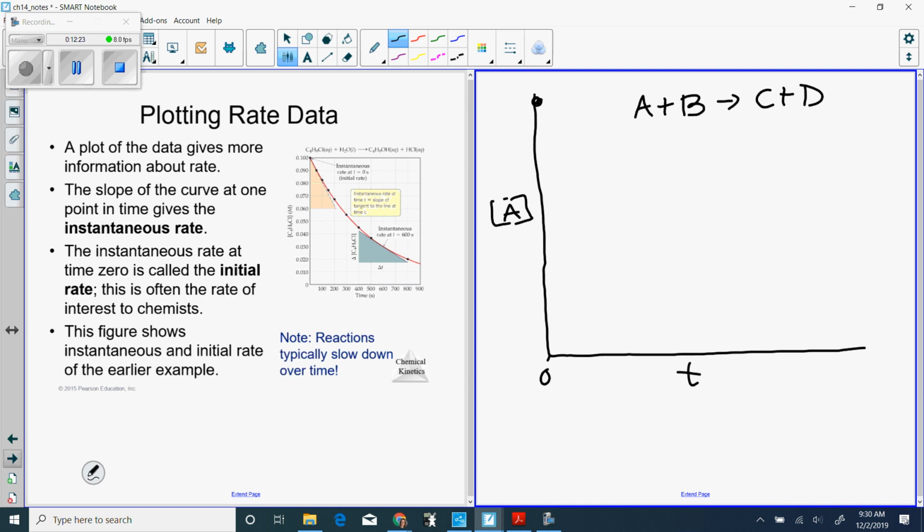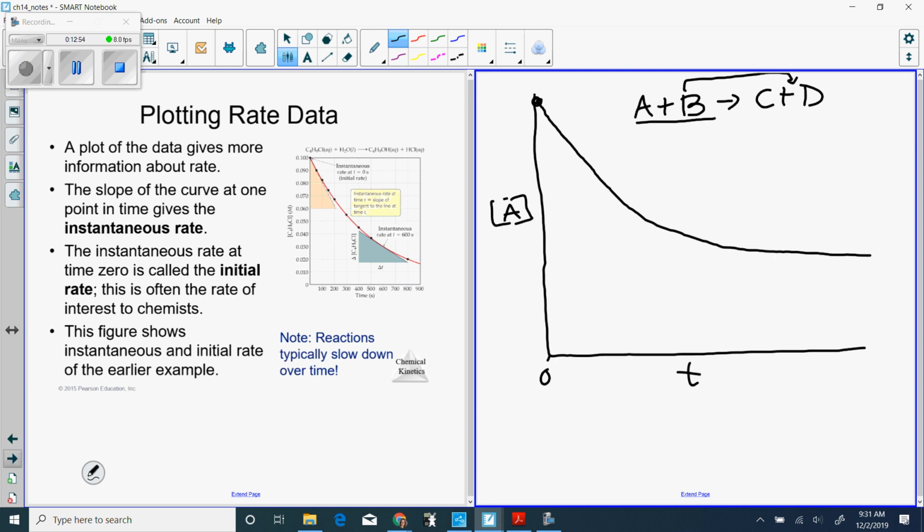Remember, A and B are colliding and they're turning into C and D. So as time goes on, my A is disappearing, disappearing, disappearing, colliding, colliding. Oh no, it's harder to find a B to run into because there's less and less of them. It's really hard to find a B. I can barely find a B, so it's slowing down.